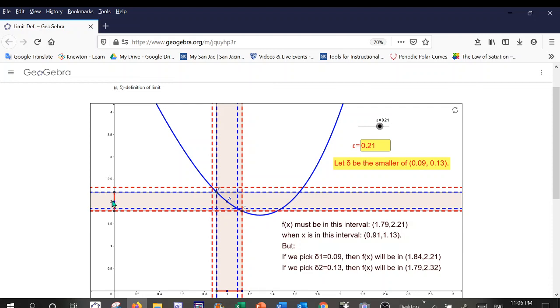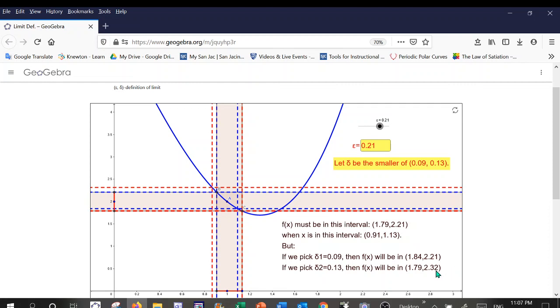So you see, this is 2, so I am within this interval, and this interval is inside the interval that's supposed to be, right? The right ends are the same, but the left end is inside, right? But if I pick delta to be 0.13, notice that this goes outside of 2.21.